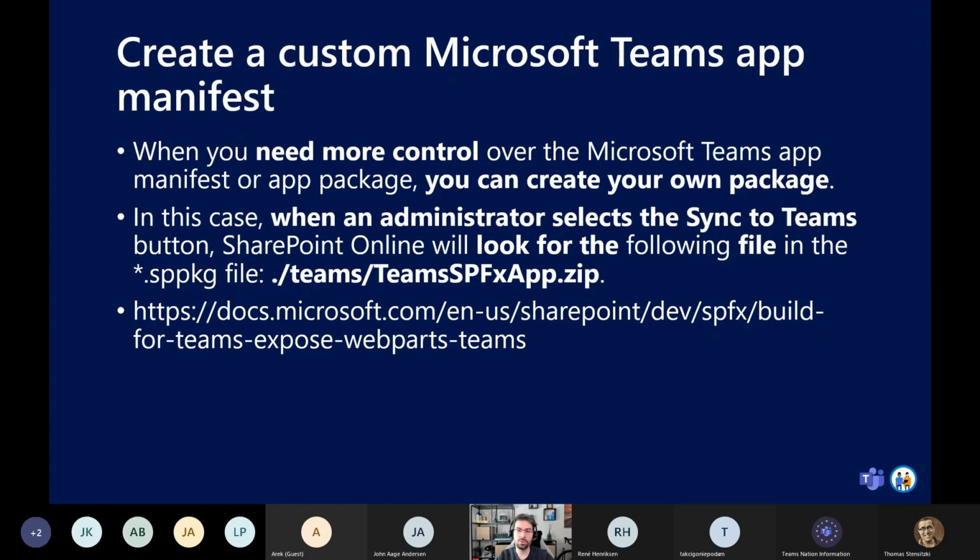When you click on the Sync to Teams button inside the app catalog, it informs Teams that you have a specific Teams manifest that you want to apply. So I put the URL of the Microsoft documentation that explains it better, because we don't have a lot of time to explain in detail the process to create a custom manifest.